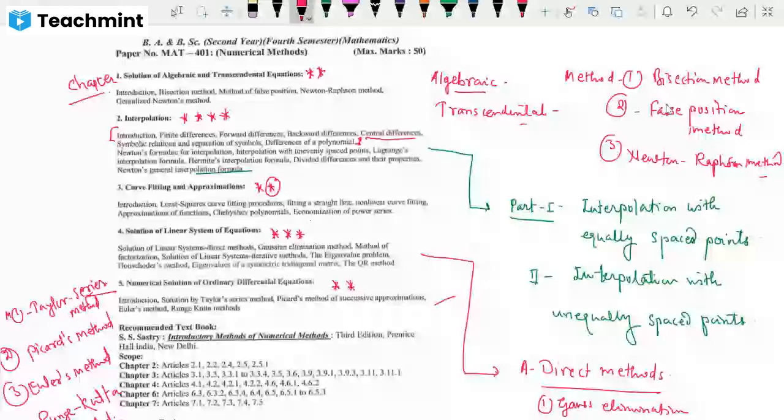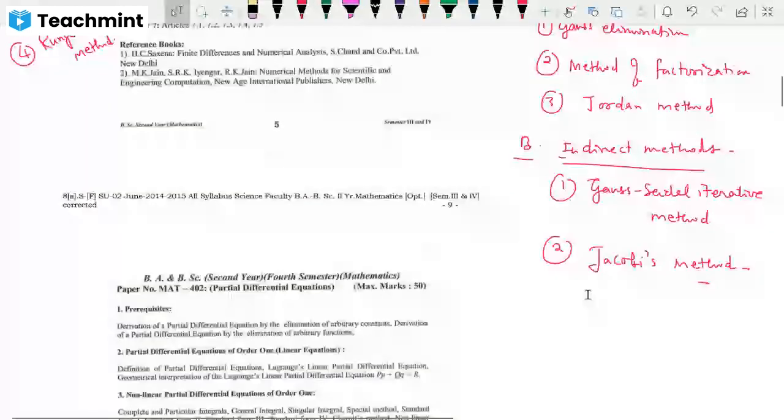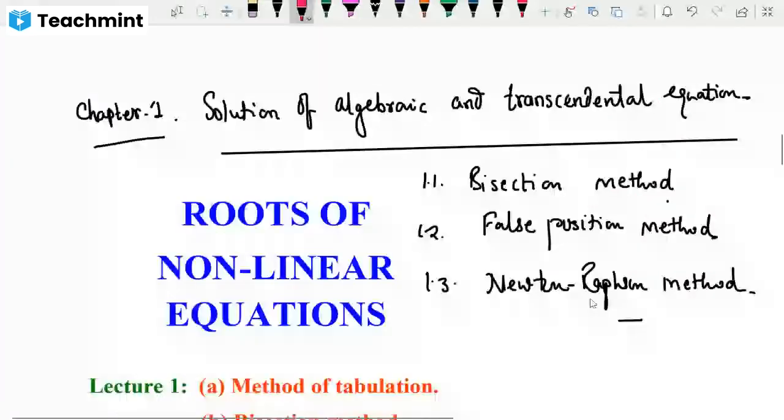Already we have started the first method, that is bisection method. In the chapter we will see 3 methods, that is bisection method, false position method, and Newton-Raphson method. All this part we have already seen in the last lecture.